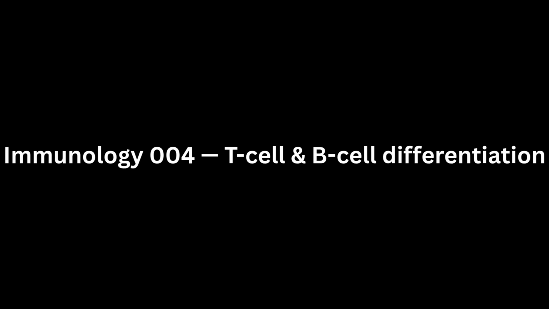Now, for B cell activation, first thing you're going to have is the T helper cell is going to be activated first, right? So you have to have the T helper cell activated first, and then the T helper cell is going to go and present the antigen to the B cell, okay? And so what happens is that we have the CD4 T cell, the helper cell, with the T cell receptor, and it's going to bind to MHC2 on the B cell, all right?